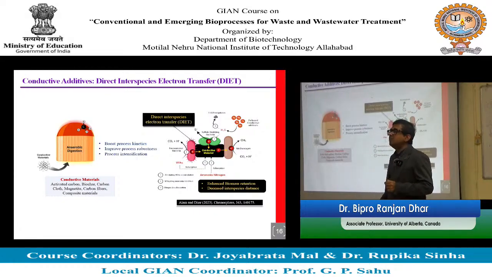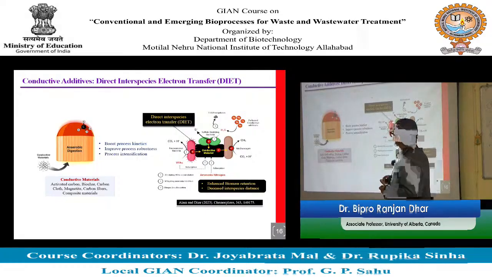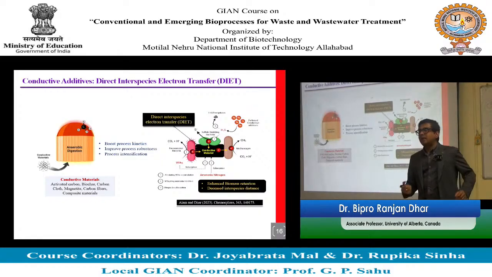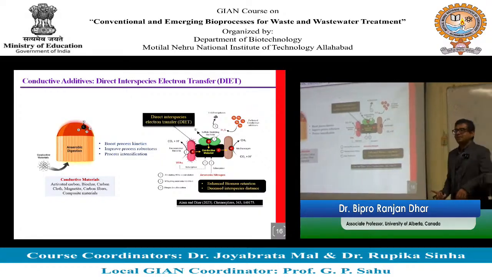Yes, there could be some DIET in there, even in the anode electrode, and suspension that can further boost the process. So you are right, but that may not be just DIET.